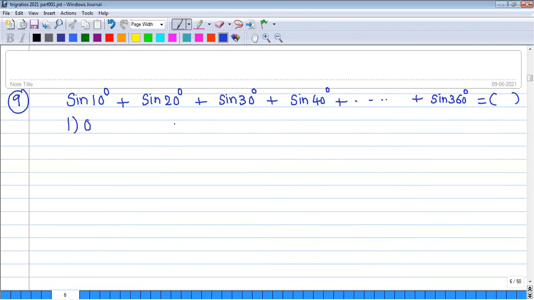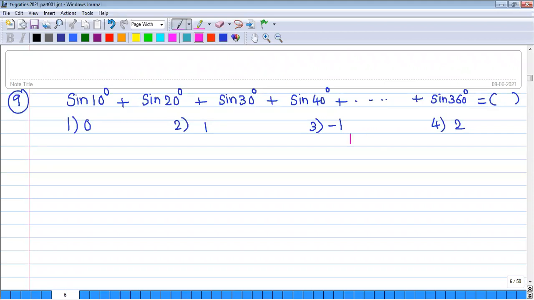First option 0, second option 1, third option -1, fourth option 2. So this problem seems to be very lengthy but very logical.